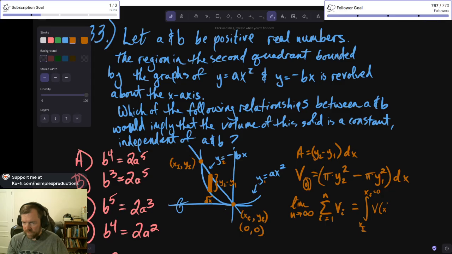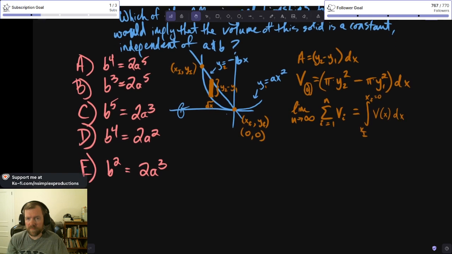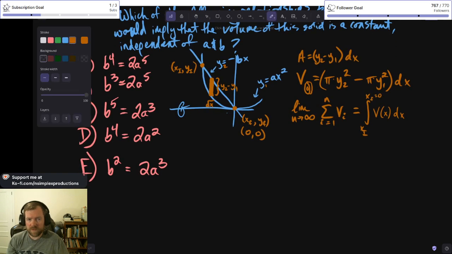Volume as a function of x, dx. So then how do we do that? Our intersection point is found when we set these things equal to each other.